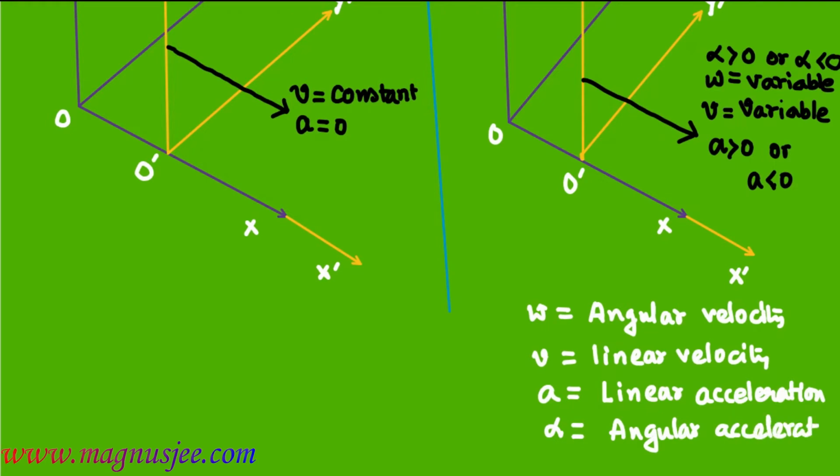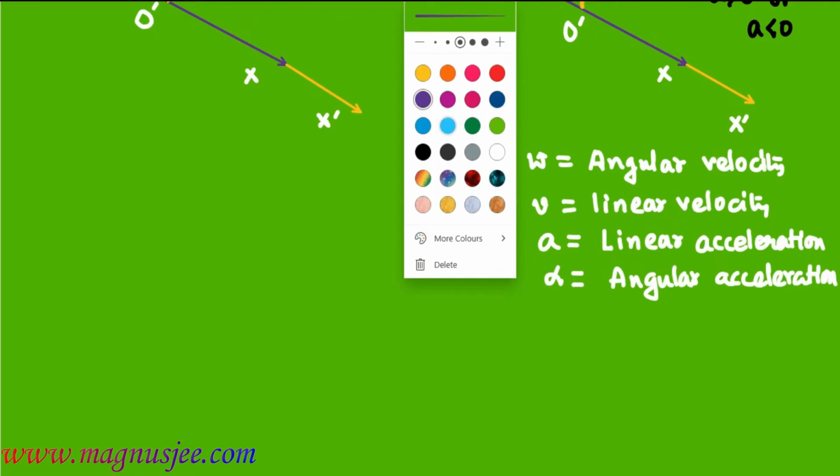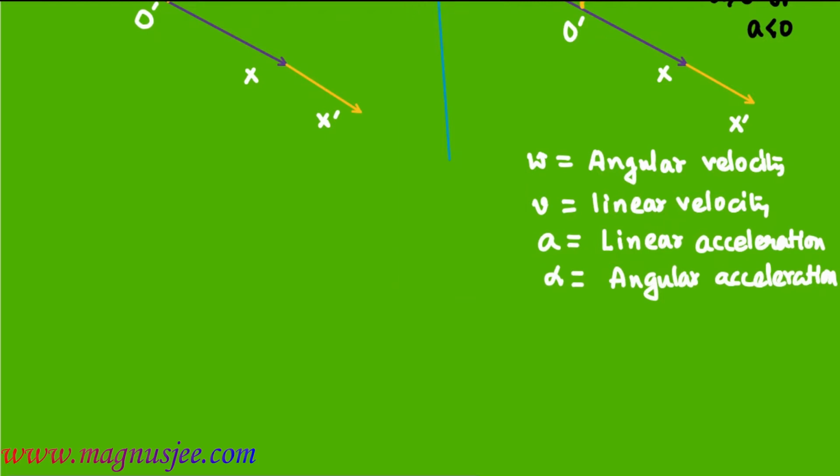An inertial frame of reference should have zero acceleration, but a non-inertial frame of reference should be moving with certain linear acceleration with respect to the assumed inertial frame of reference.